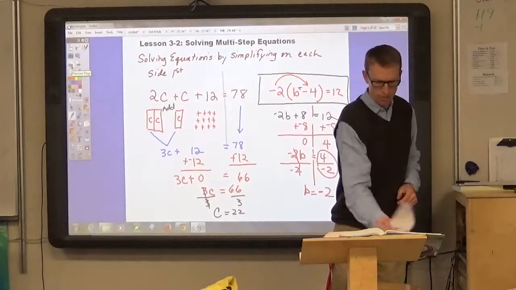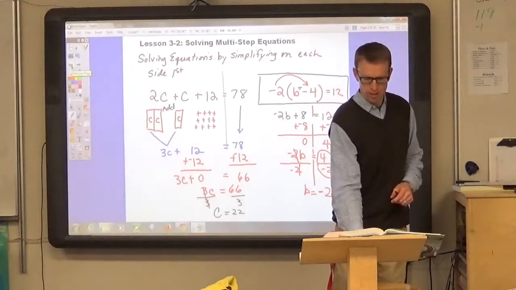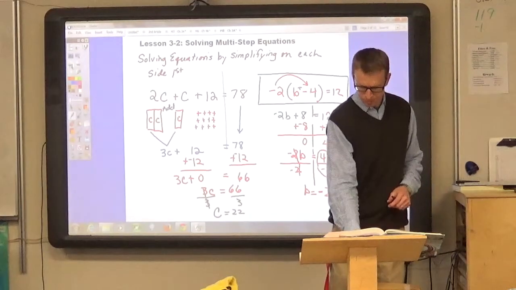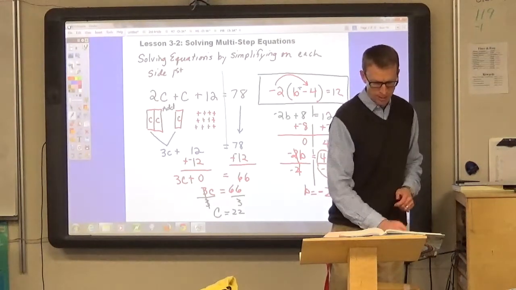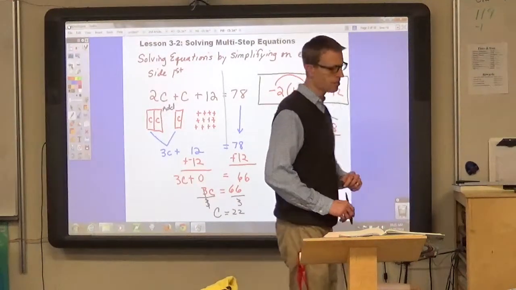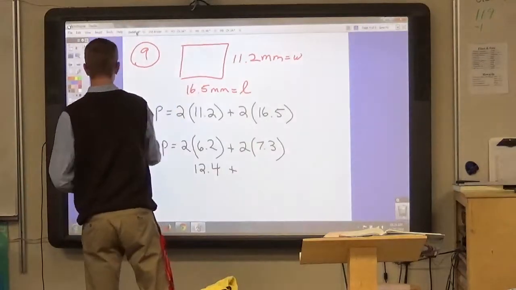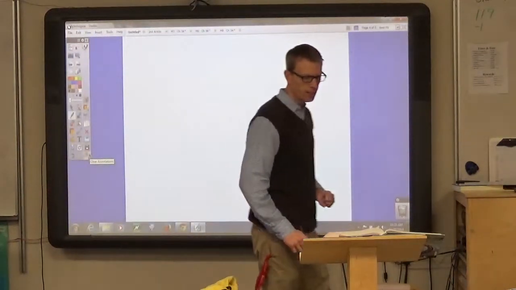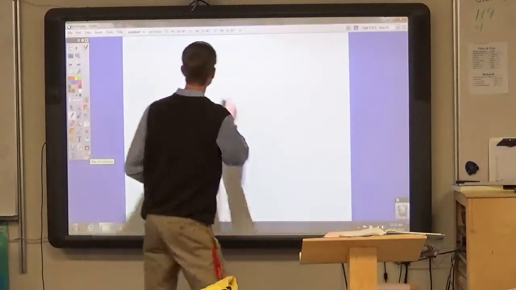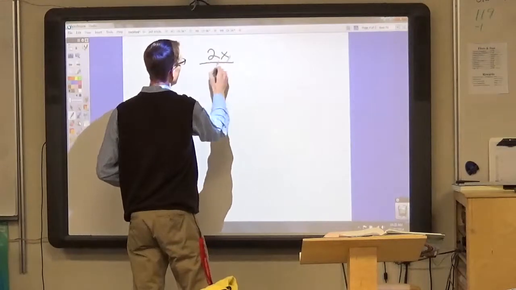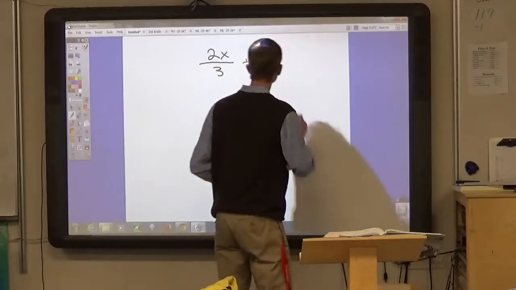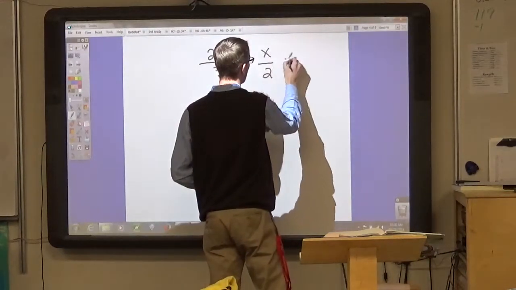Let's look at another one from your book. Let's look at example 4. Solving an equation that contains fractions. In example 4, we've got a problem with some fractions in it. You've got 2x over 3 plus x over 2 equals 7.